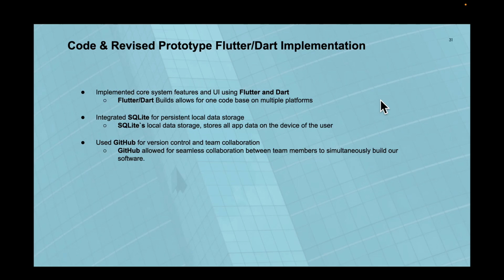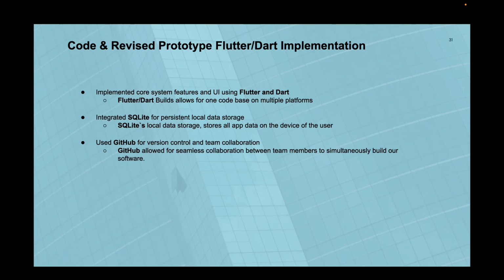Hey, and this slide just outlines our technical implementation and development process for this final project. Again, we implemented our core system features and UI using Flutter and Dart. Flutter and Dart allowed us to use one code base for multiple platforms. It also allowed us to integrate SQLite for our persistent local data storage.